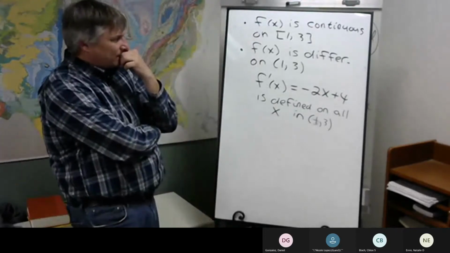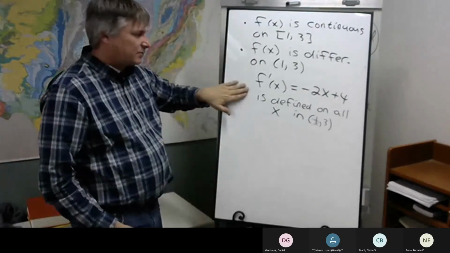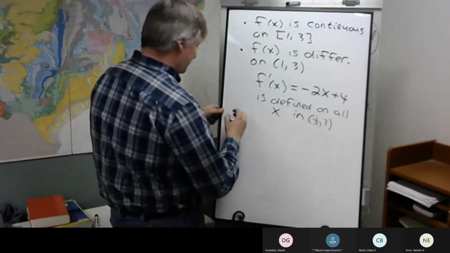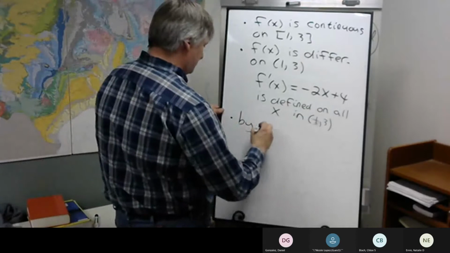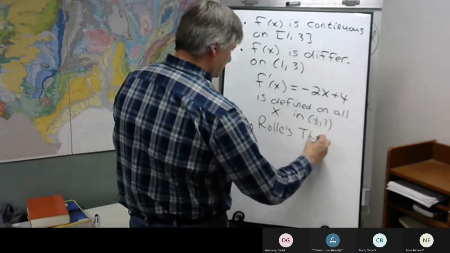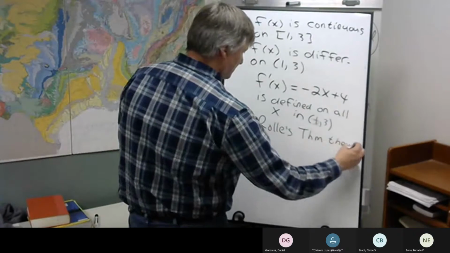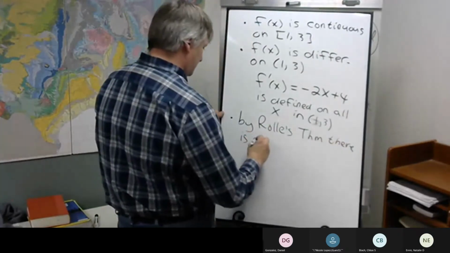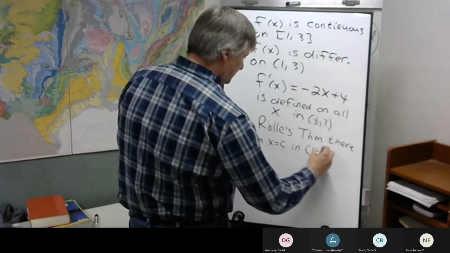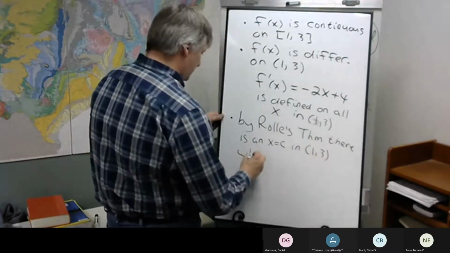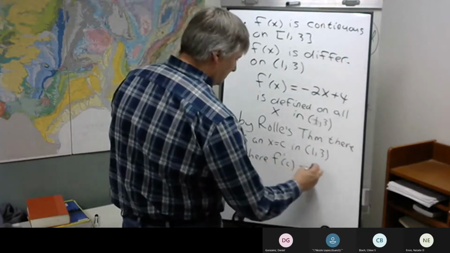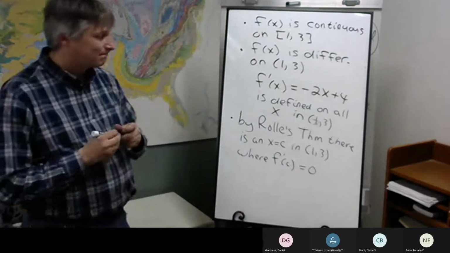So it's continuous. The derivative is going to exist at all the points. So that means by Rolle's theorem, there is an x equals c in (1, 3) where f prime of c is equal to 0.